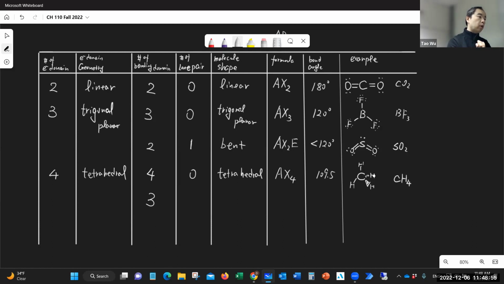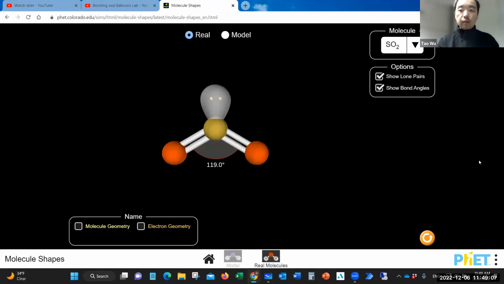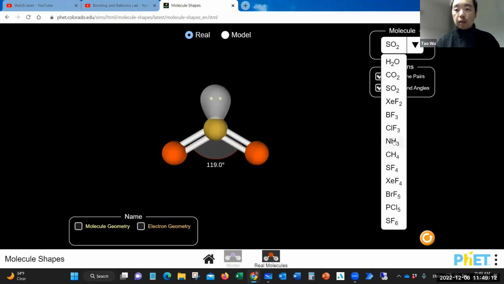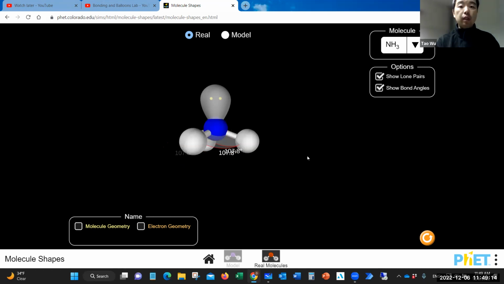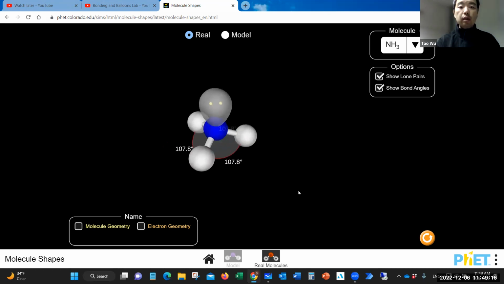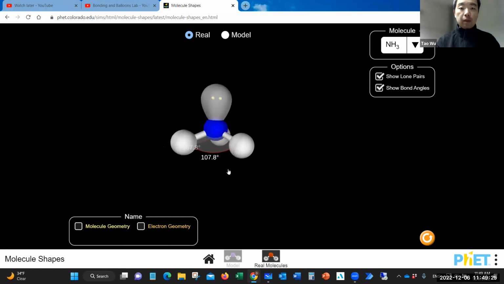If we have 3 bonding domains and 1 lone pair, you add them together, still 4 electron domains. Then let's see what the shape could be. One of the examples is ammonia. If you look at ammonia, the central atom is nitrogen with 3 hydrogens, and there's 1 lone pair like this.